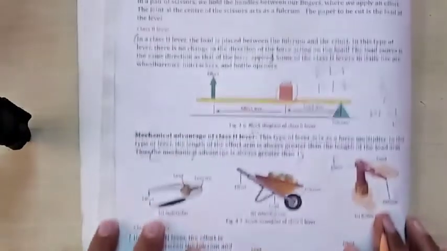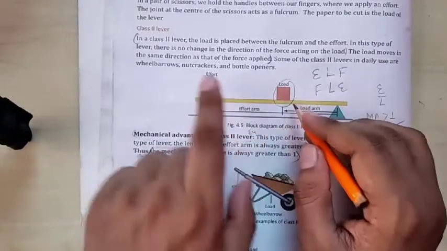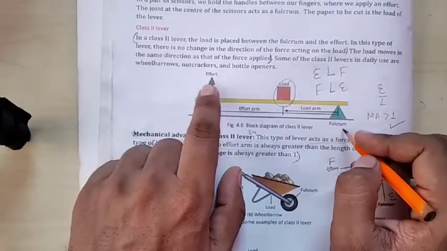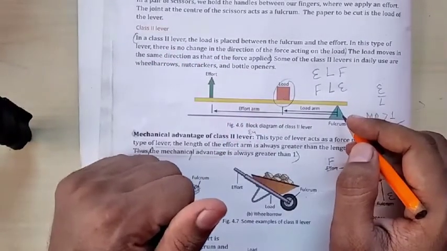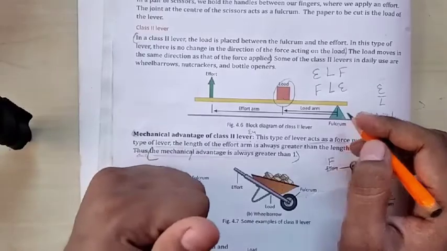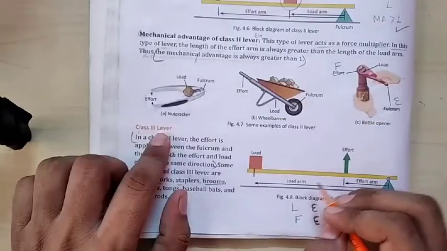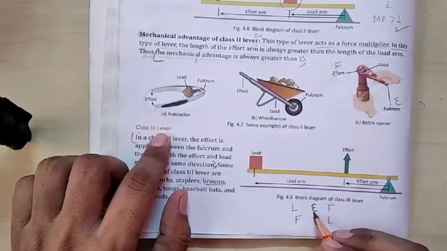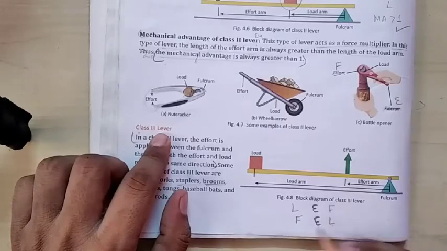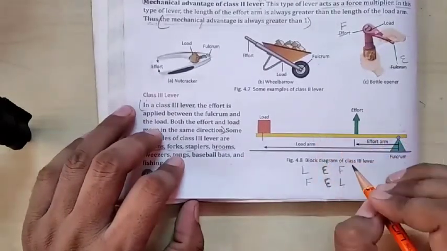If it is a second class lever, then the load must be between effort and fulcrum, and if it is a first class lever, then the fulcrum must be between load and effort. So we are talking about the third class lever. In the third class lever, the effort is always between load and fulcrum. Got it?